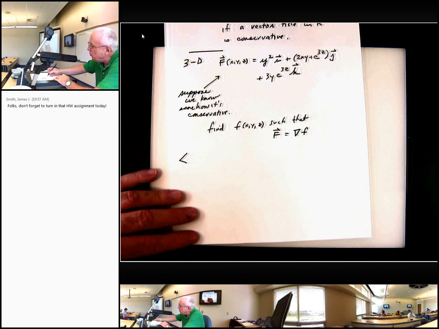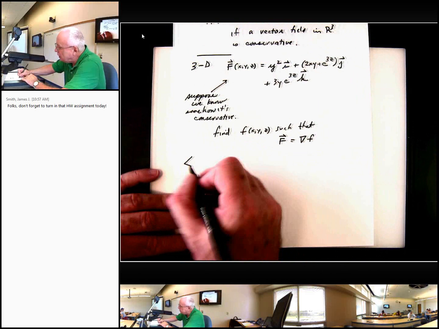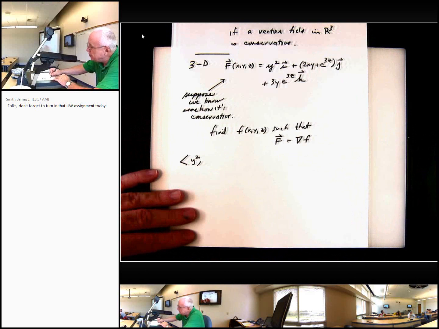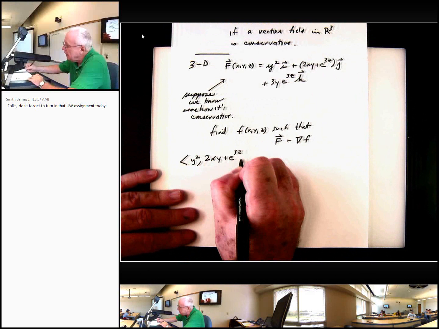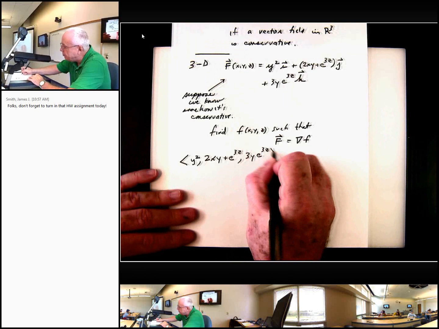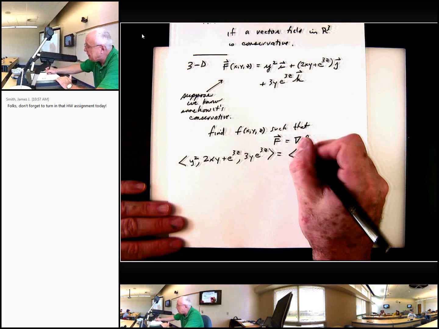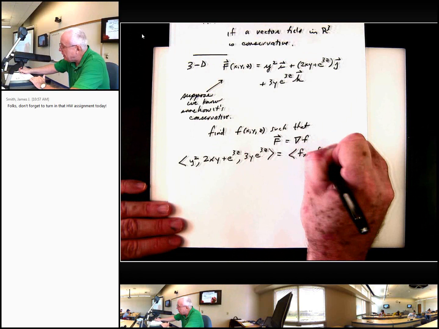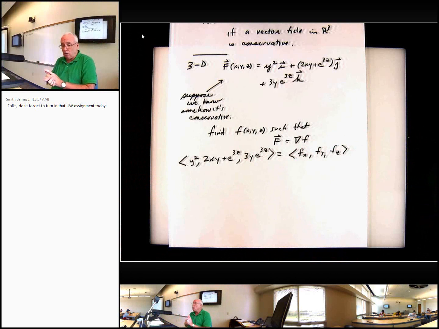First of all, let me rewrite our vector field using the bracket notation. The first component is y squared. The second component is 2xy plus e to the 3z. And the third component is 3y e to the 3z. It's equal to, for some little f, fx, fy, fz. We don't know what that little f is. We're going to find out what it is.